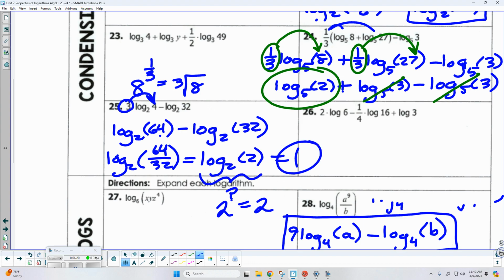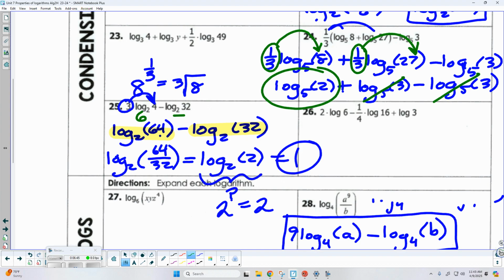Now, you want to see something really cool? Okay. Of course you do. I mean, that's why you're here, right? I actually didn't have to use the property. Maybe somebody noticed it. If we go back a step, if I took a look at these individually, 2 to what power would give me 64? 6. 2 to the 6th power, so that value is 6.